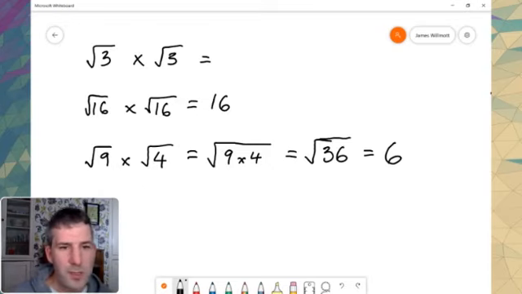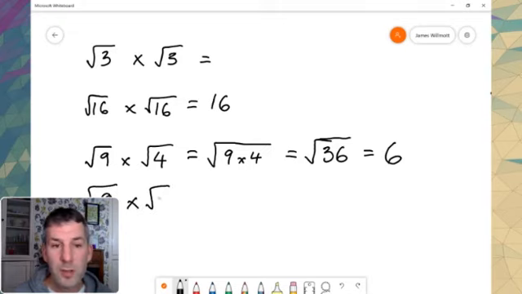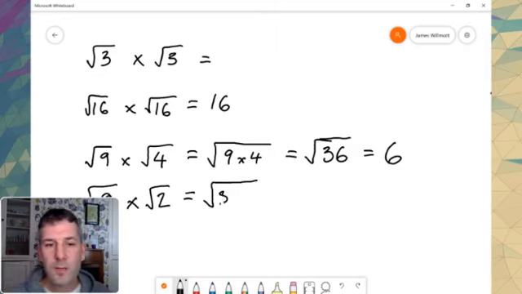Okay, so you can just multiply those two numbers together and put them underneath a square root sign. So for example, let's say we had the square root of 8 multiplied by the square root of 2, or root 8 times root 2, you could say. That is the same as the square root of 8 times 2, which is equal to root 16.